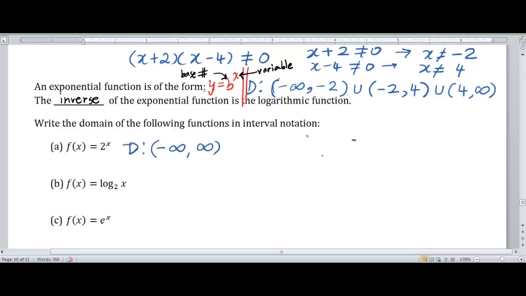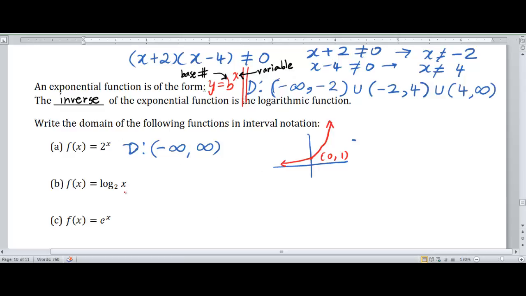And the function looks like this. And that point right there is x is 0, y is 1. Even if your x is negative, like negative 1,000, the y value will be very close to 0, but it does exist.